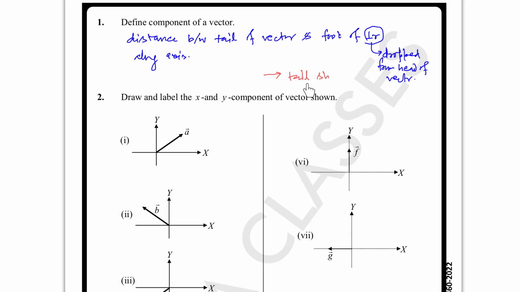The condition is that the tail of the vector should be at the origin. So this is how component is defined.